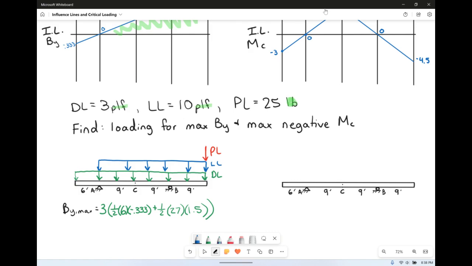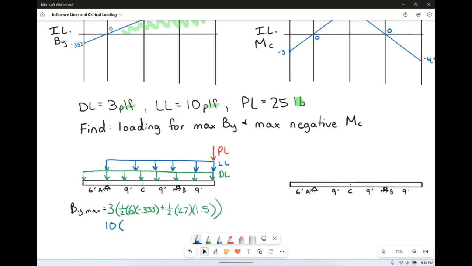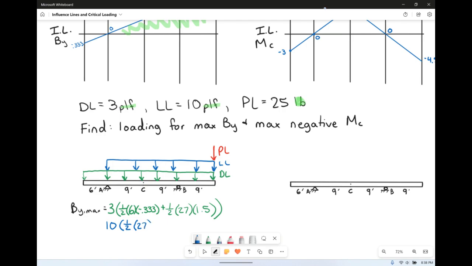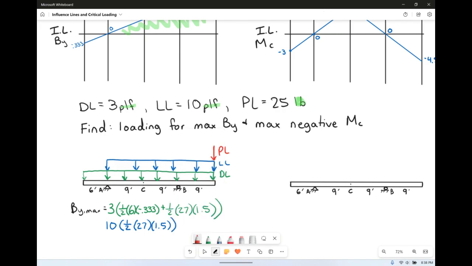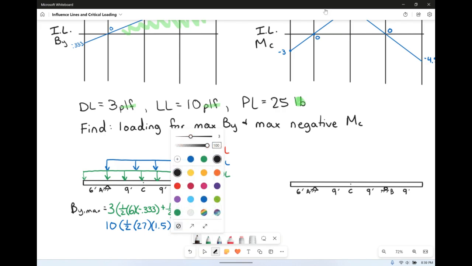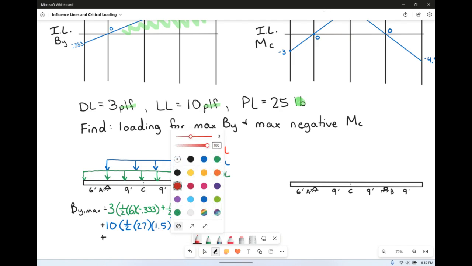Then we're going to have the live load. The live load was 10 pounds per linear foot times the area under its curve. That's just going to be the positive one. So it's 1/2, the base of 27, the height of 1.5. Then we've also got the point load. Forgot to say that we're adding these. We're adding in the point load.